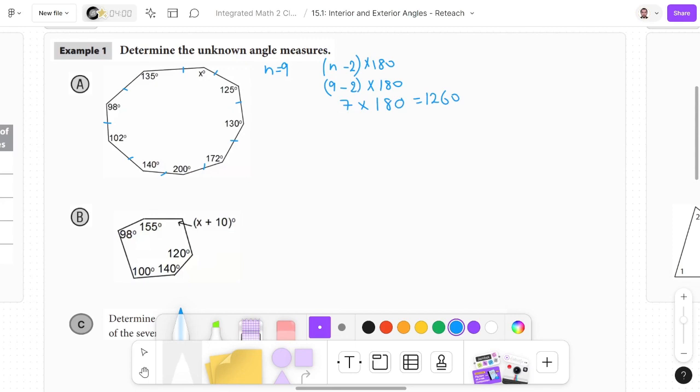Now, how do I know the sum? I have to add all of these numbers: 125 plus 130 plus 172 plus 200 plus 140 plus 102 plus 98 plus 135 plus x equals 1,260.